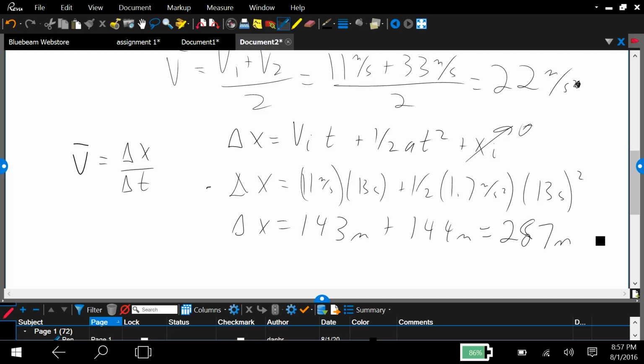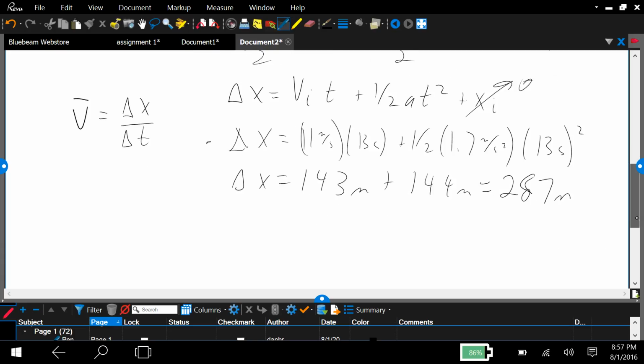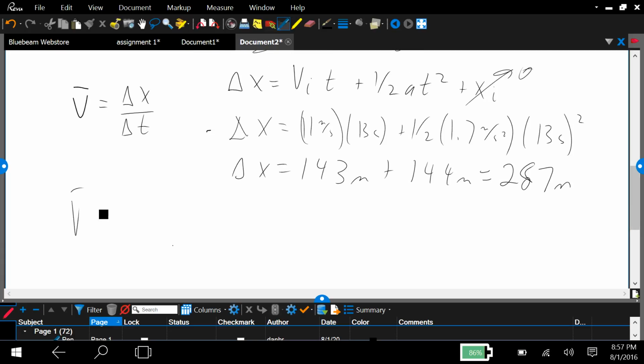And when I divide this by the time, we get 22.1. Which is about what we expect, okay? Because it's the same answer we got before.